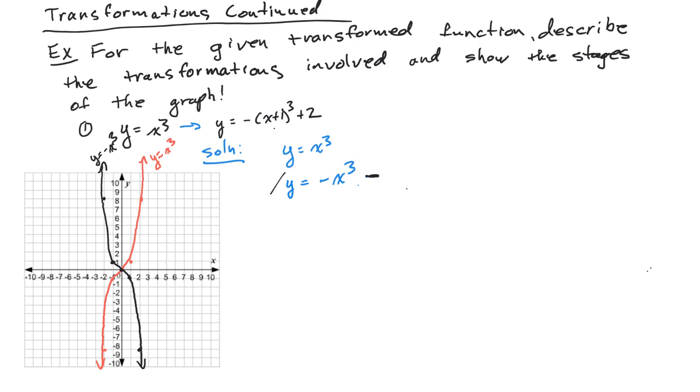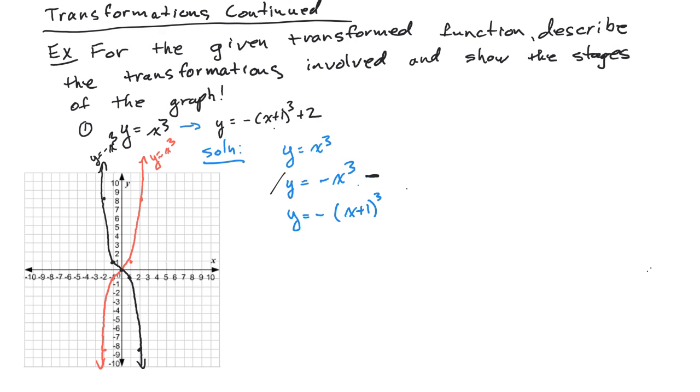Okay, so now that we've got x cubed, let's see what happens next. Our next transformation is y is equal to, keep the negative sign, but now we change what we have in our graph to be x plus 1. So now we're left with x plus 1 inside our bracket, cubed.